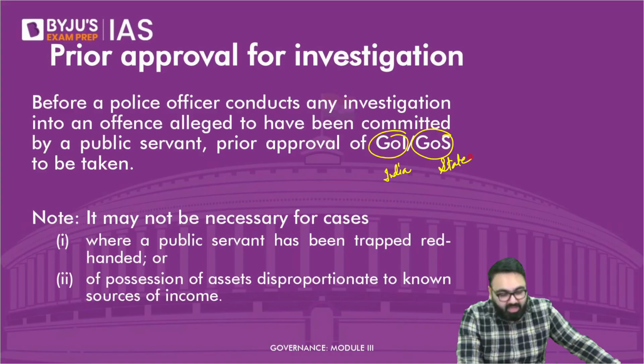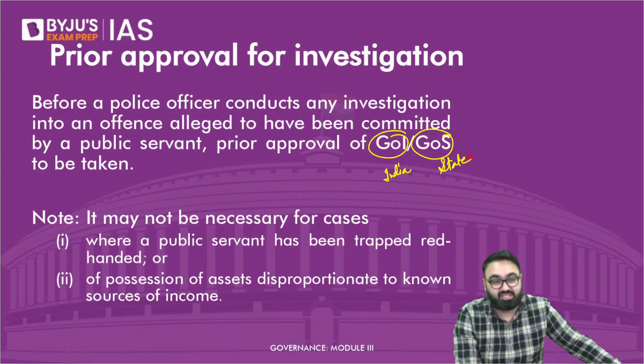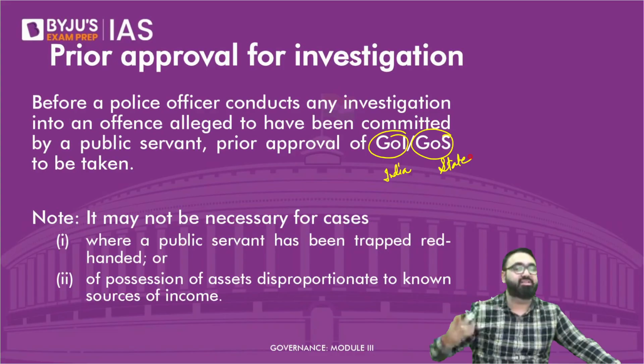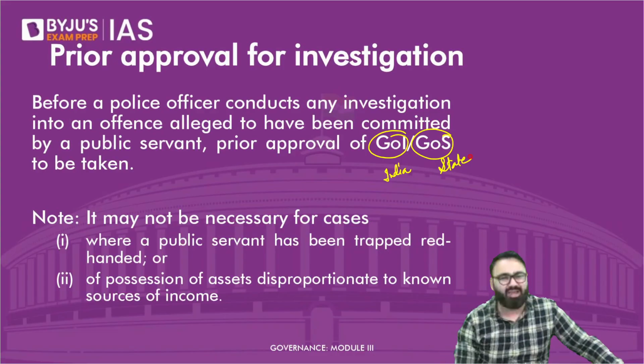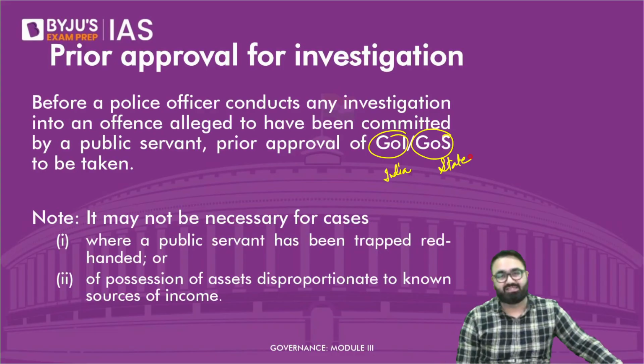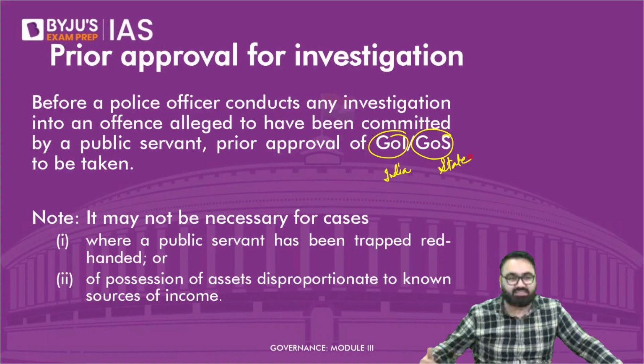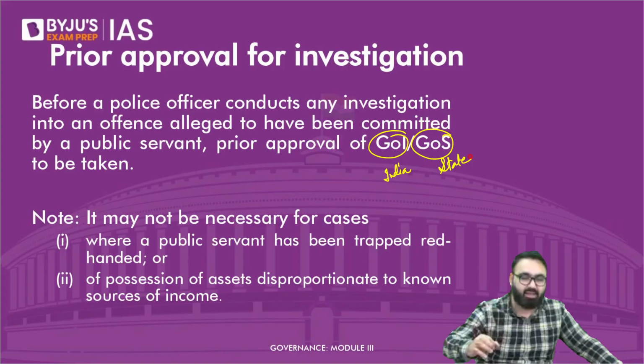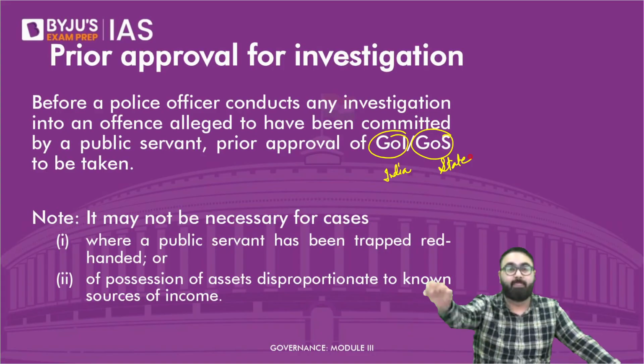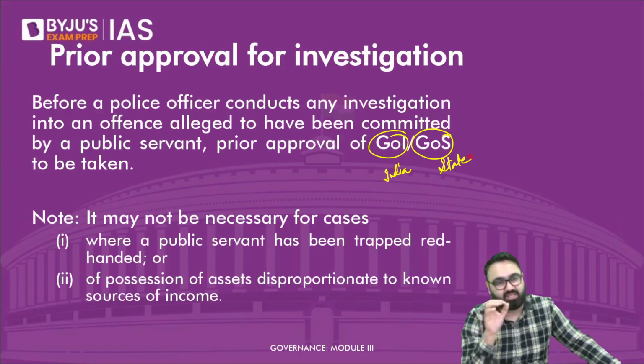The problem here is, whenever there are these kinds of cases or allegations against an officer that the government likes, an officer of the government's liking, governments don't really want to start investigation against them. See, the reality is, every single government or every single political party has at the end of the day certain officers that they really like.